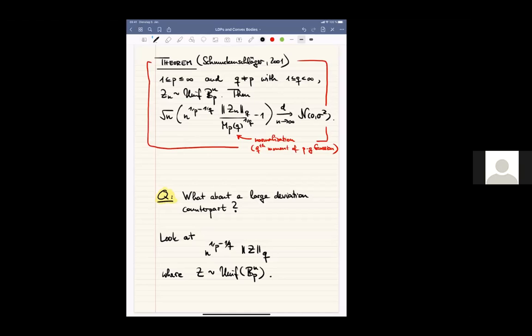We want to prove a large deviation principle here, and we will have to distinguish two cases. Either q is less than p or q is larger than p, and we will get different results depending on the relative position of q to p.